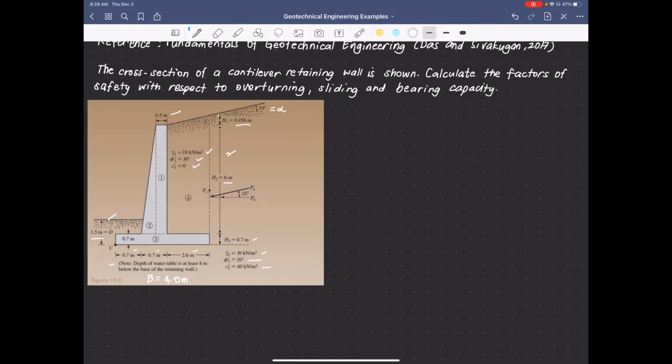So having all of this data with us, we are asked to determine the factor of safety against the overturning, sliding, and bearing capacity. So let us try to solve one by one by getting the necessary information. And we can start by solving for the factor of safety against the overturning.